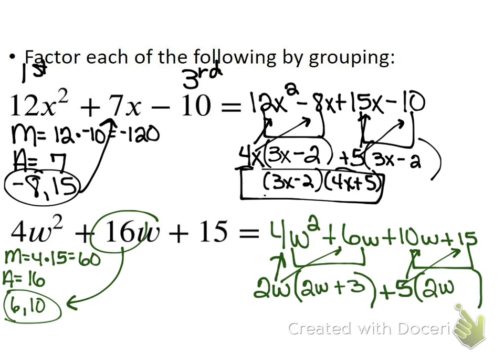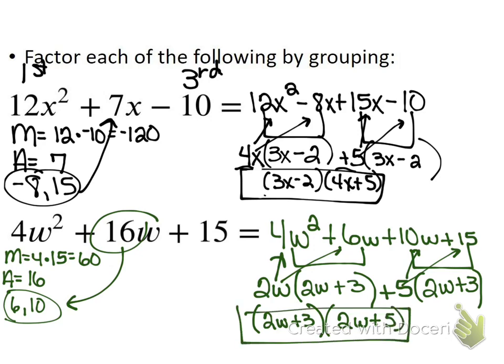Positive 3. All right, Jenna, final answer. Parentheses 2W plus 3 and 2W plus 5. And box. Right? We good?